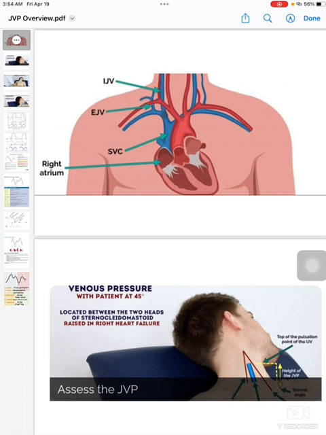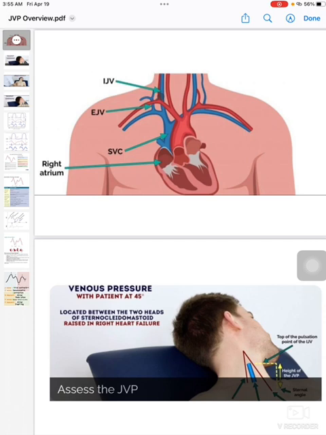If you look at the diagram here, you find that the internal jugular vein connects to the right atrium without any intervening valves, resulting in a continuous column of blood. The presence of this continuous column of blood means that changes in the right atrial pressure are reflected in the internal jugular vein. As a result, raised right atrial pressure results in distension of the internal jugular vein.